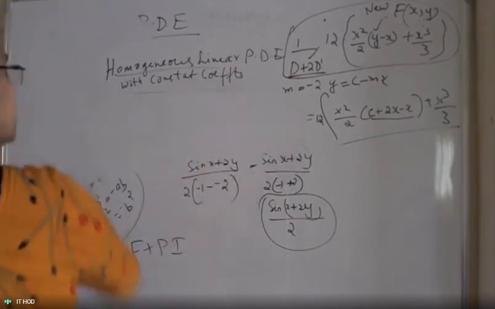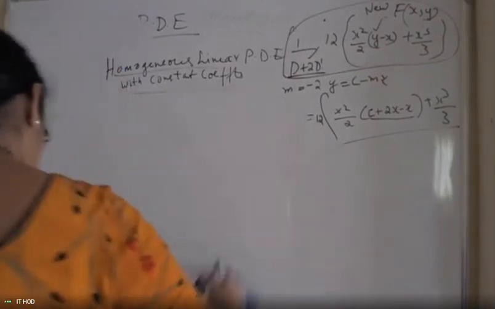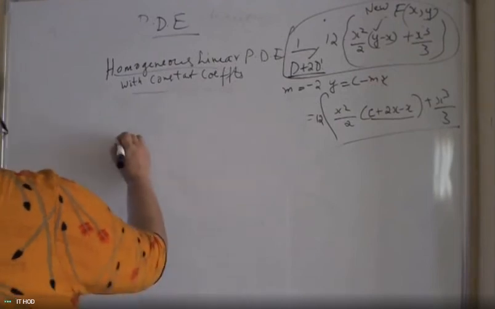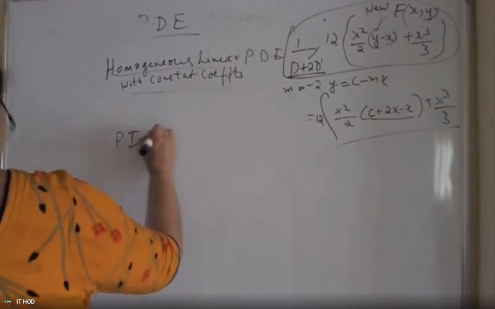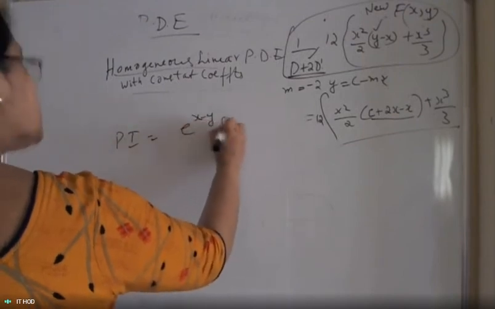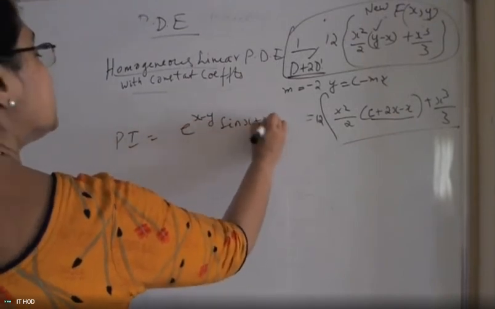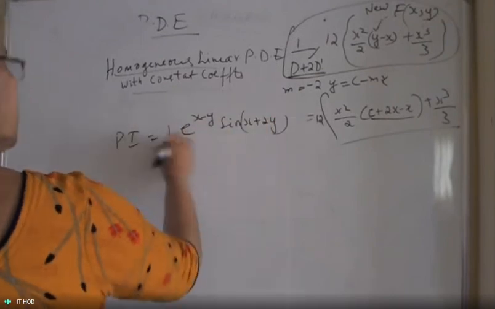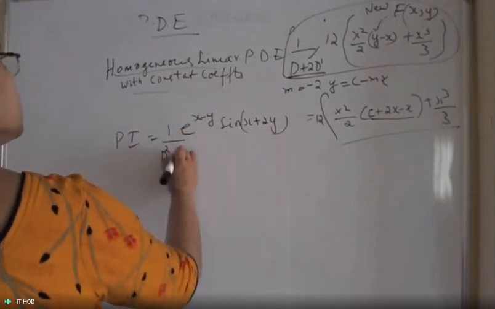If it is like this, that is the last part. P.I. is equal to e raised to x minus y into sin x plus 2y, and 1 by D square minus D dash square.